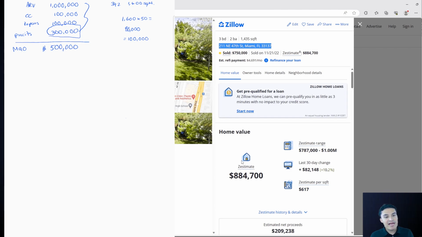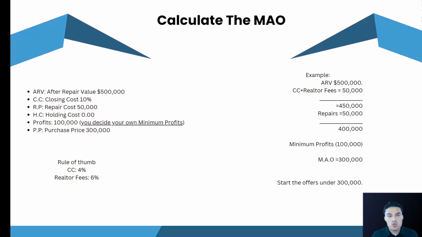When it's a light rehab, depending on the area, right now I will be using like $30 compared to the $50, so that's $20 more, or even $25, right? So those are the things that I want you to keep in mind. Okay, and that's how you are going to be able to calculate a maximum allowable offer.